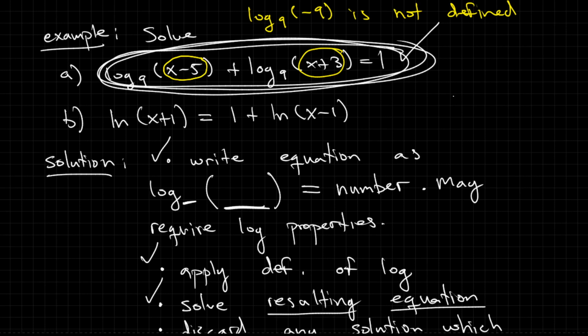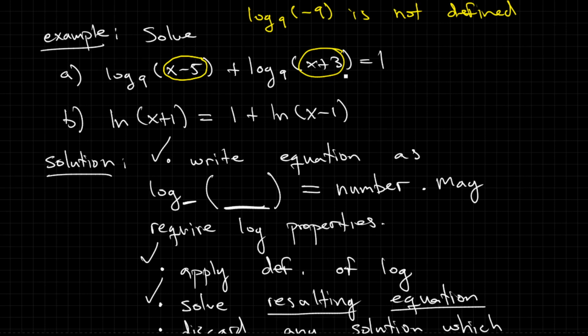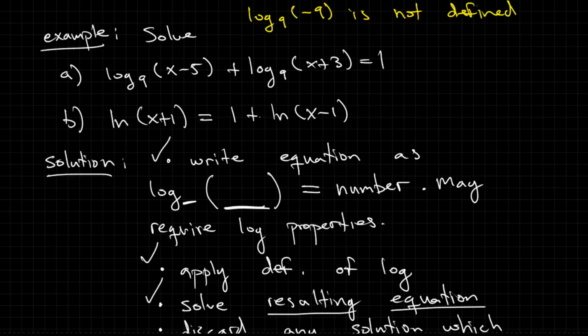Now, one more subtle point here. Notice that we didn't say that the solutions can't be negative. As a very brief example, think about the equation ln of -x equals 0. So the first step of making sure you have log of something equals a number that we wrote is already true.